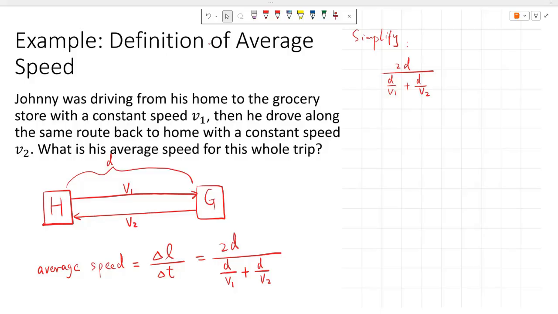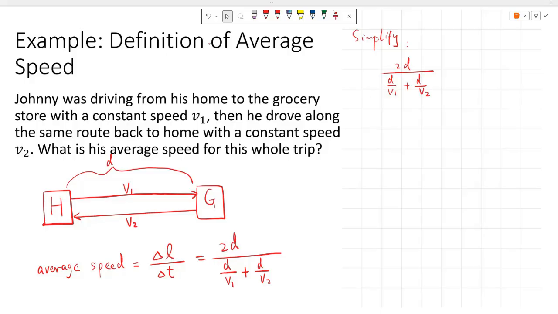Welcome back. Now let me show you the detailed work of simplifying this complex fraction. First, there is more than one way to do it.